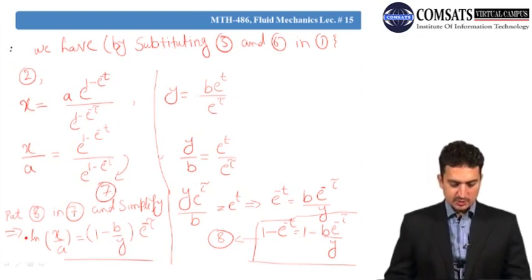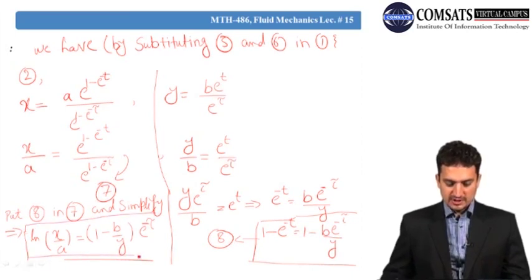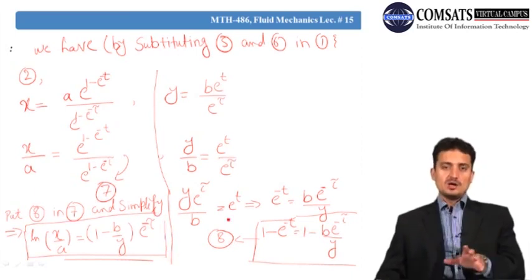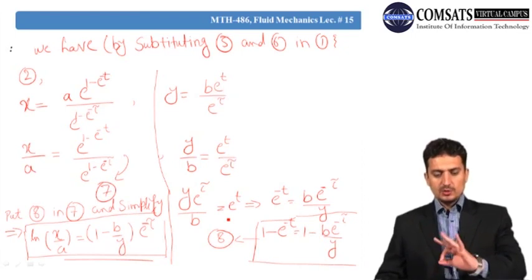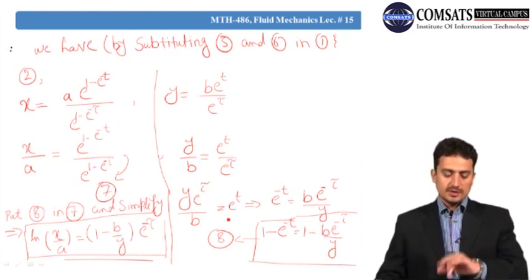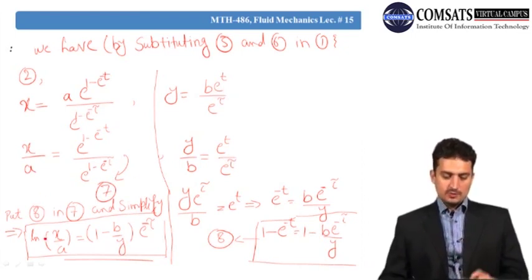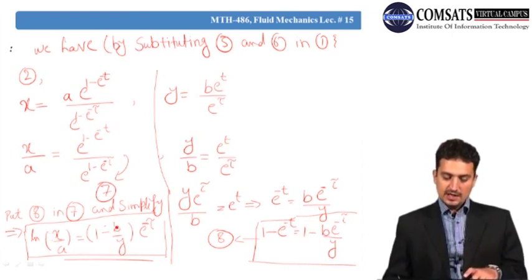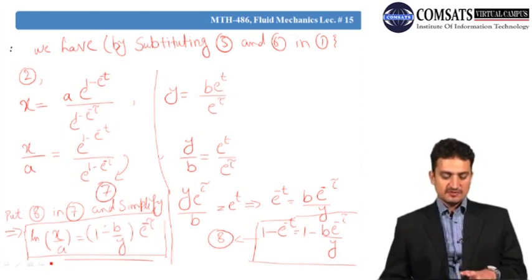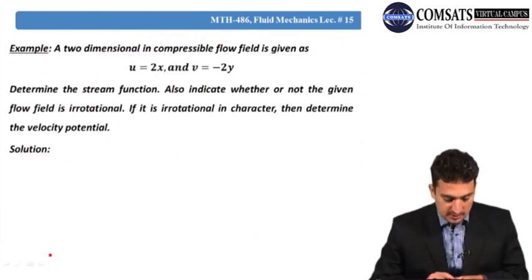This is the desired equation of streak line for the given velocity field passing through the point with position vectors a and b. So देखिए फर्क क्या हुआ, हमने पर्टिकुलर पॉइंट के लिए उसको कैलकुलेट करके देन वी सब्स्टिट्यूटेड t, बट इसके अंदर we have the final solution in the form of x, y, a, b and tau. So this is the difference between the path line and the streak line.